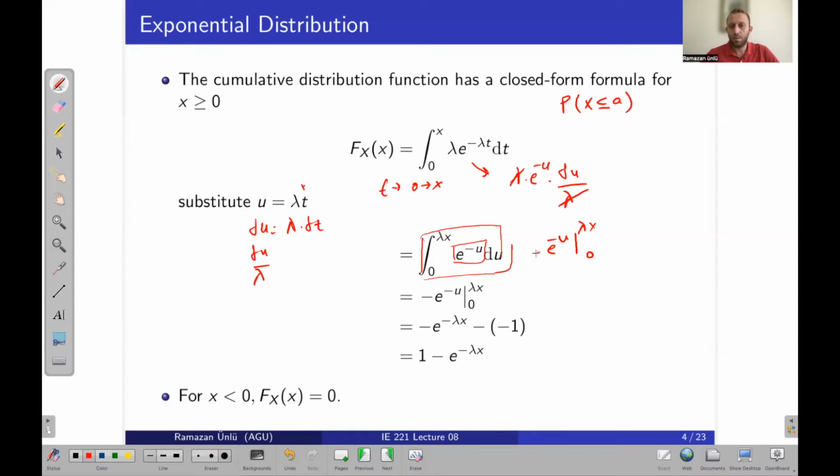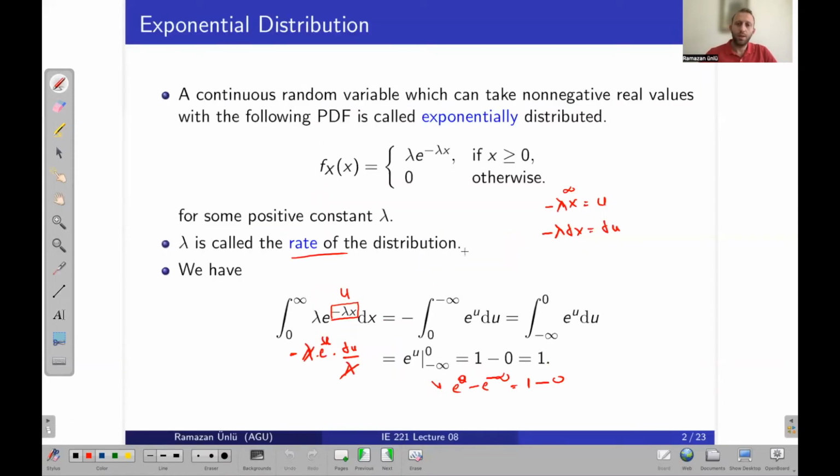I have a minus sign here, so I end up with 1 minus e to the minus lambda x. This is the CDF of the exponential distribution. Remember that for x less than 0, the CDF is 0, because the density is valid only for non-negative values.